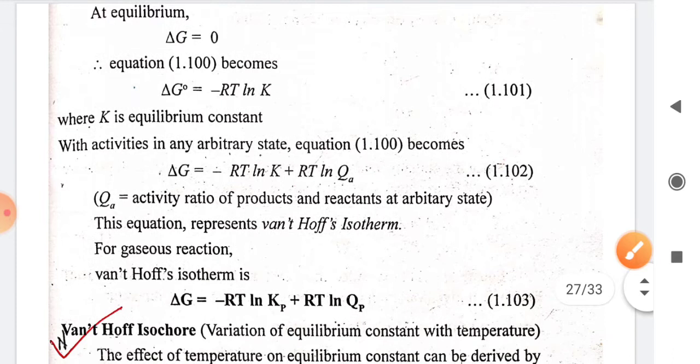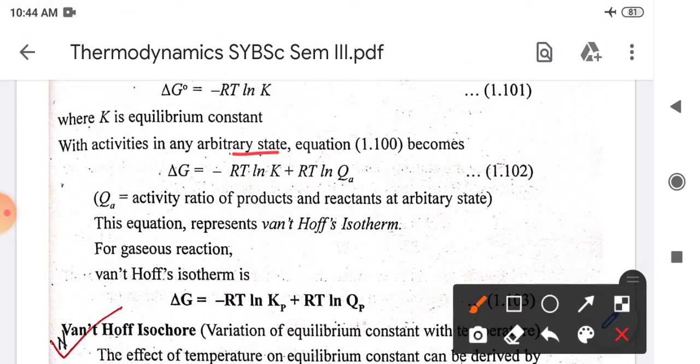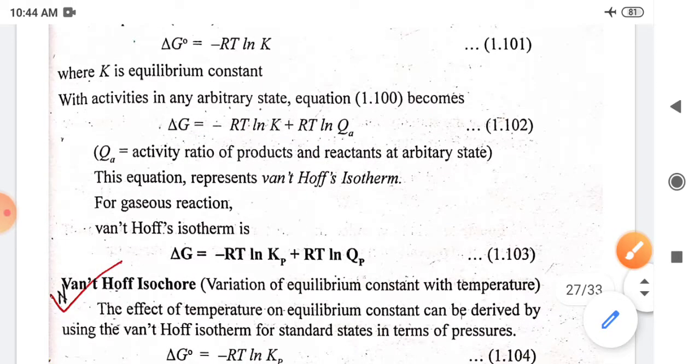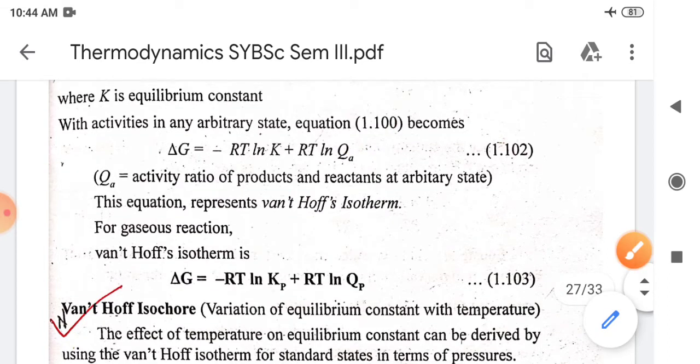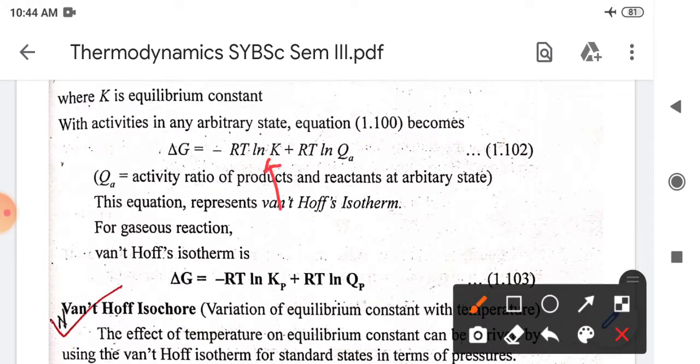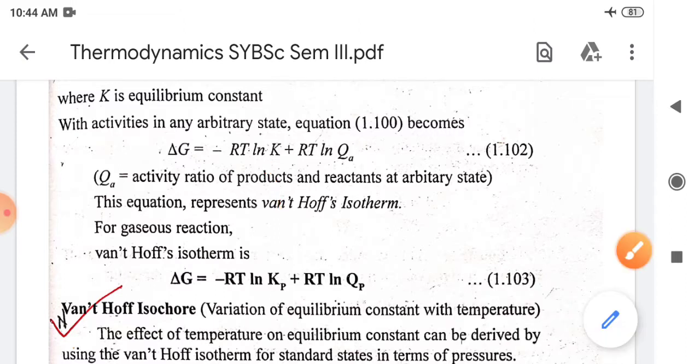But with any arbitrary values for the activities, the equation becomes delta G is equal to minus RT ln of K plus RT ln of QA, where QA is nothing but the activity ratio of the product to the reactant at any arbitrary state. This is called the reaction quotient, and K is called the equilibrium constant for the reaction at equilibrium.